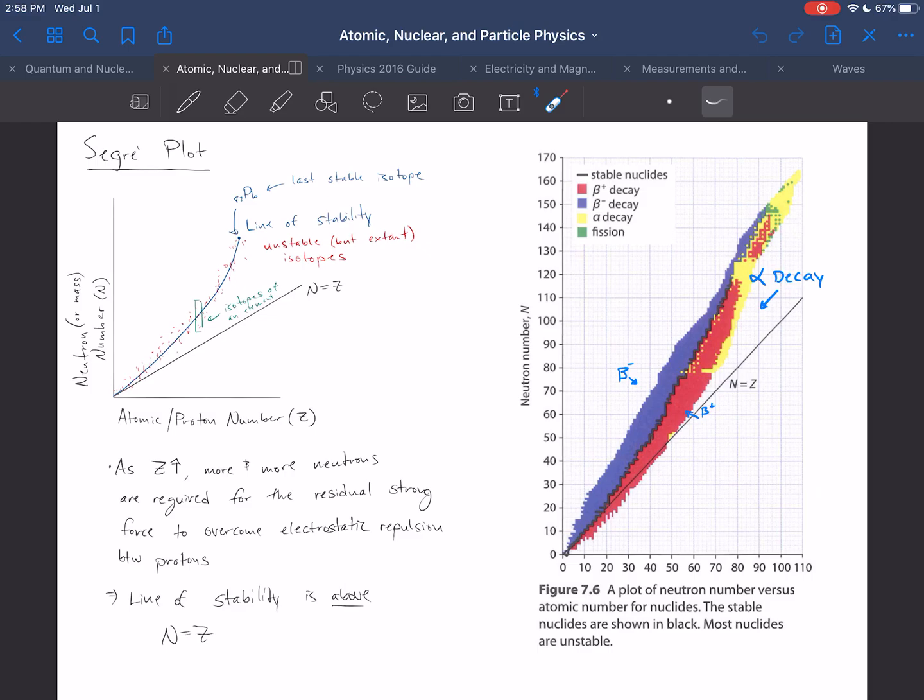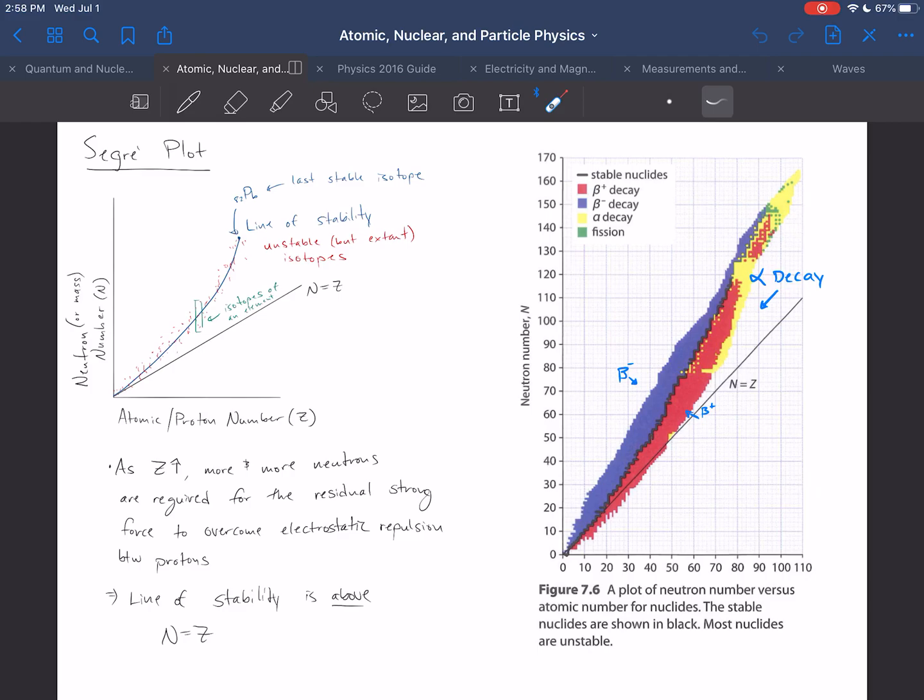Okay. Now you'll notice there are a couple of properties of these stable elements. I'll point out their properties, and then we'll describe what else can be seen from this graph. This is a very famous and important plot or chart. The first is that the stable nuclides start out along this n equals z axis. The n equals z axis here would mean that a particular stable element would have the same number of protons and neutrons.